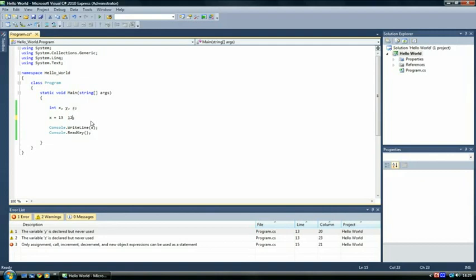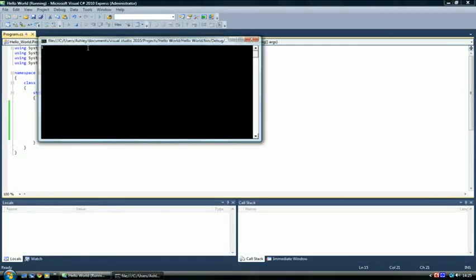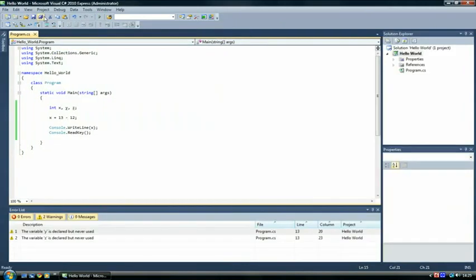So let's actually change these around. 13 minus 12. Okay. Run this, and there we have 1. Amazing. So yeah, the operator for subtracting is a minus sign. Amazing. So multiplying then. Multiplying is an asterisk.